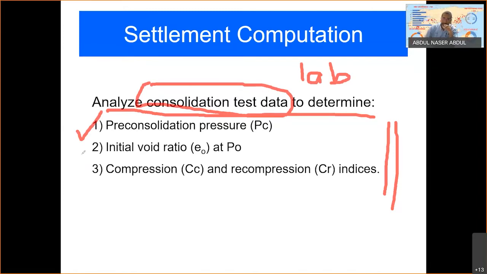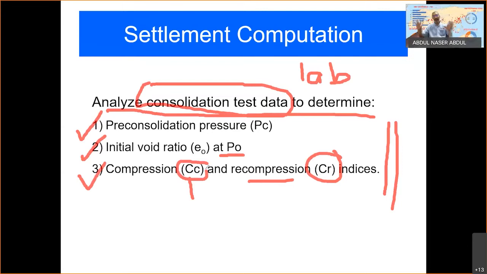The second information from the lab test or report that you need to look for is the initial void ratio at the present overburden pressure. And number three, you need to know the compression index. This is the compression index, and this is the recompression index, CR and CC.